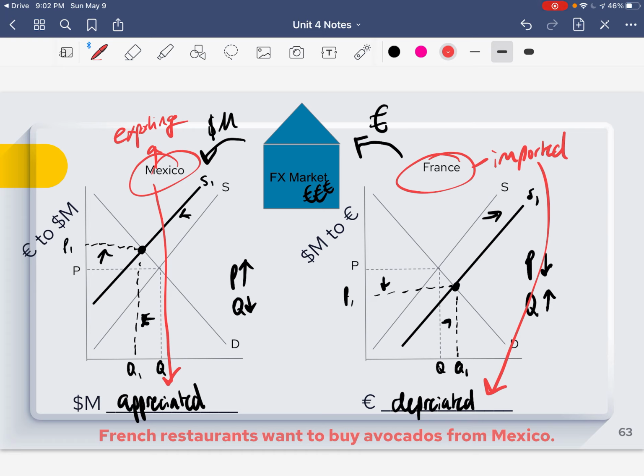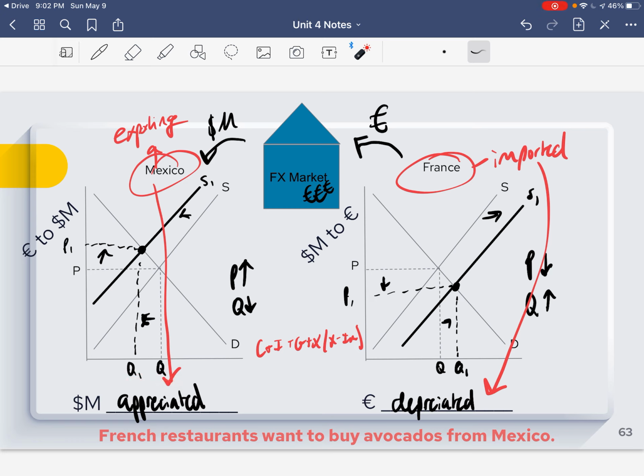This adds into our GDP formula. Remember, C plus I plus G plus X, and X is exports minus imports. So this exports minus imports, we always say if we import, it hurts our GDP. If we export, it helps our GDP. The same is true for currency. If we import, it hurts the value of our dollar. If we export, it helps the value of our dollar.